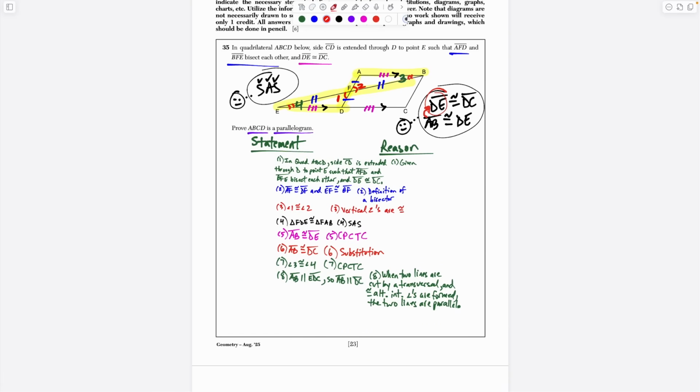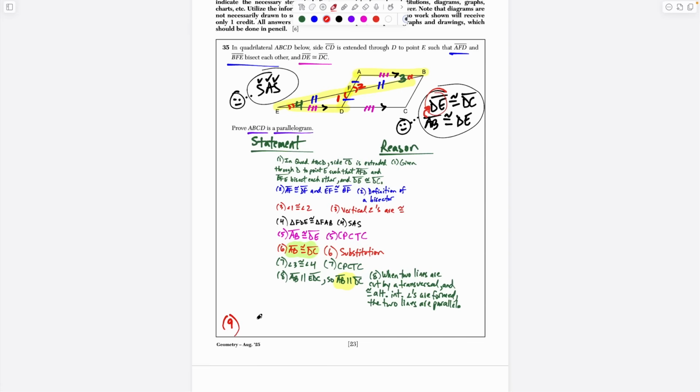And now finally, we could close this proof out. Let's think about what we've said so far. We've said that AB is congruent to DC. So we said this, that AB and DC are congruent. And then in statement 8, we just said that AB is parallel to DC. So those two highlighted components together allow us to write our conclusion.